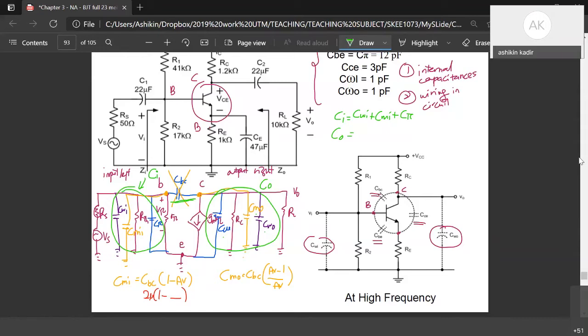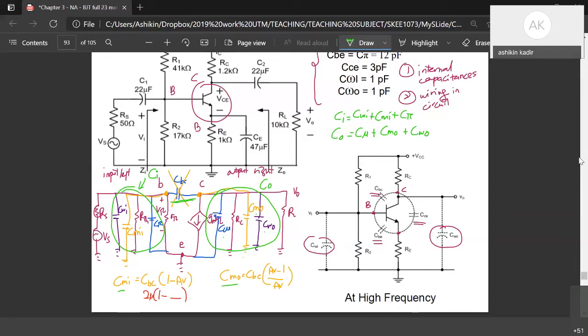So C output is equal to C mu plus CMO plus CWO. So now you get two capacitors. Yes, CBC is changed to CMI and CMO.